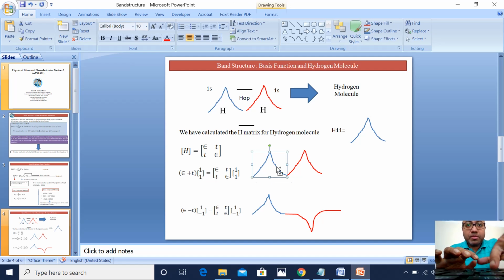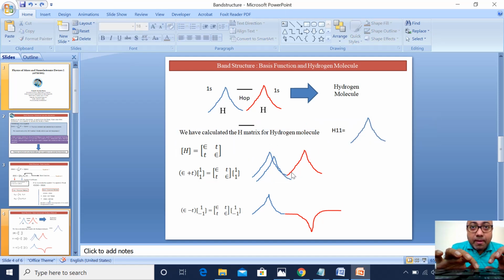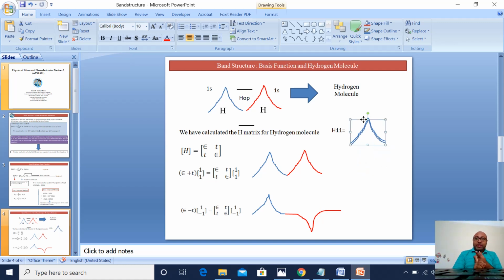You have one wave function multiplying by the same wave function, and in this case you have a higher magnitude.